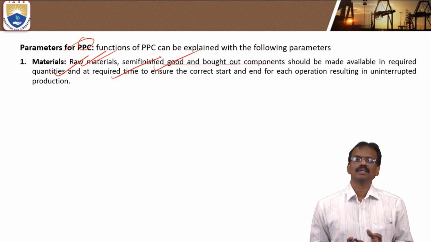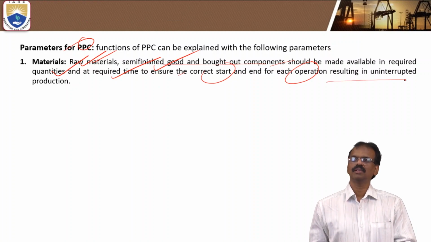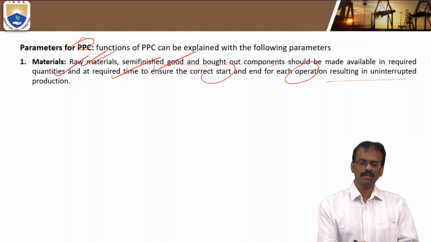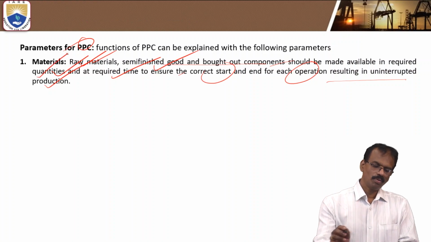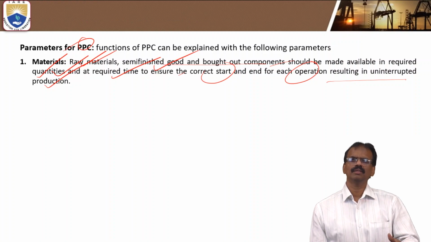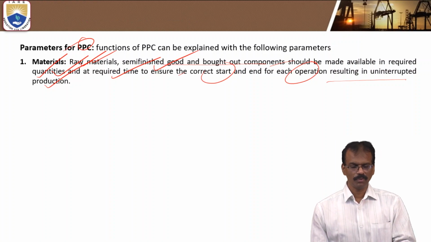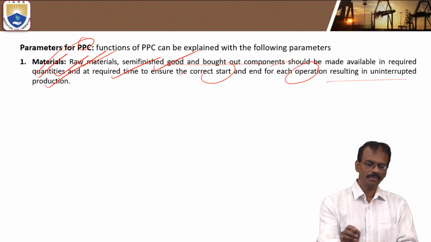Timely providing of materials is very important to ensure the correct starting and end of each operation, automatically resulting in an uninterrupted production system. If there is a delay in the material, automatically the total process will be delayed. So providing raw material in the right quantity at the right time is very important. This parameter is very important for PPC.